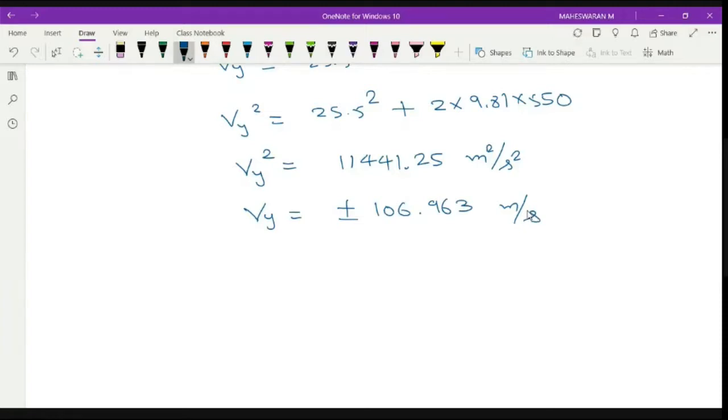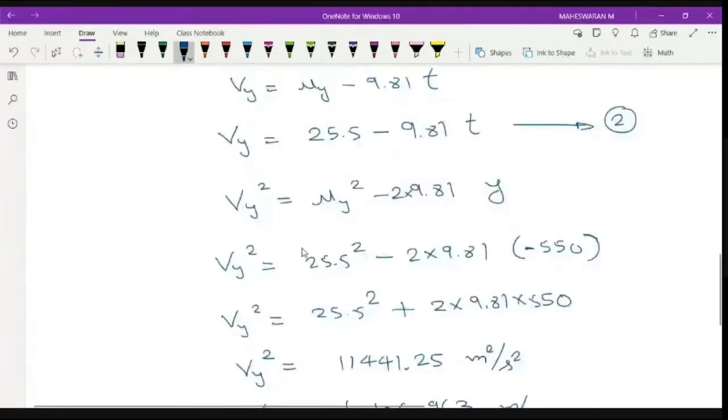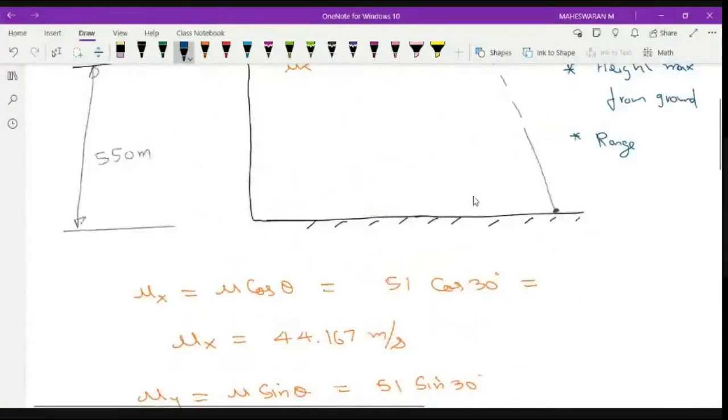Now my question is whether your Vy is positive or negative. When you take the root, you get plus or minus. Vy is negative because when it strikes the ground, your arrow is like this.